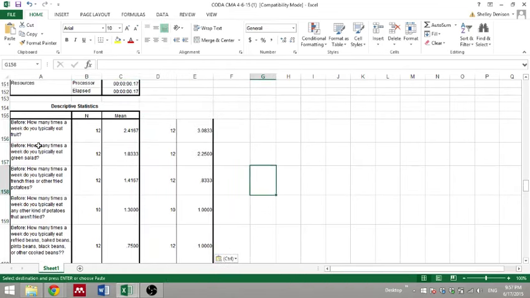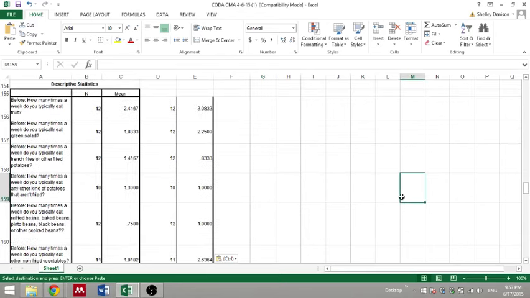So this shows me it's the same question, just before and after. This makes it a lot easier to copy it over into the actual worksheets.